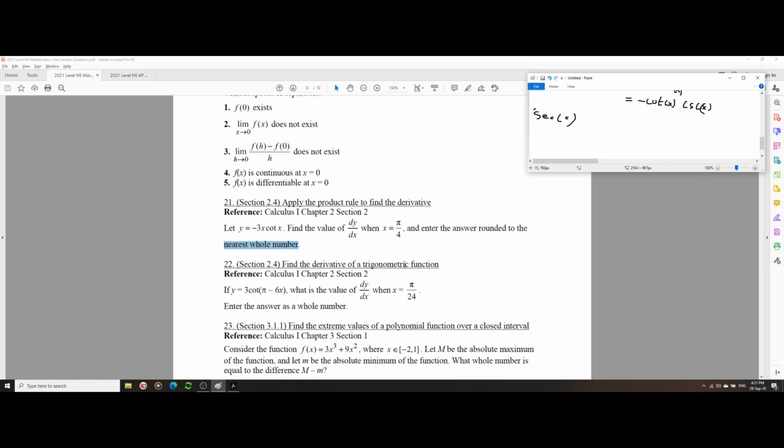Secant of x, derivative of that would be the same thing, it's 1 over cosine x. Again, just do the cosine to the minus 1, derivative of that.